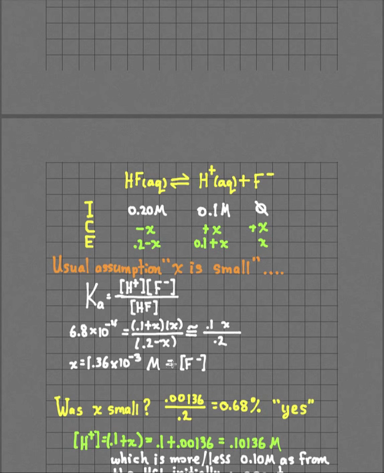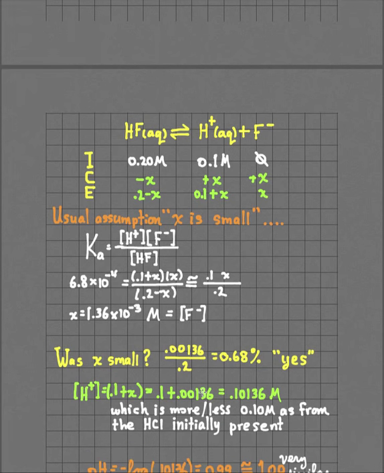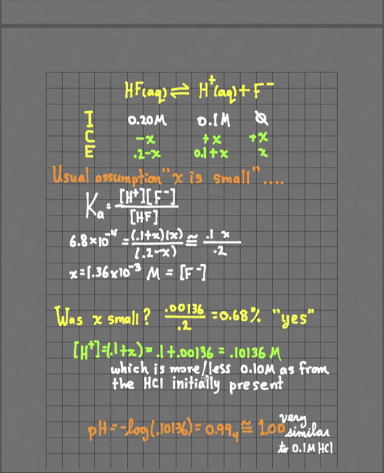Do the math, and you find the fluoride ion concentration to be 0.00136. And I can take that x value and put it back up into my expression for the creation of a little bit more H plus ion, to 2 sig figs, which I had only up here anyway, 2 sig figs.